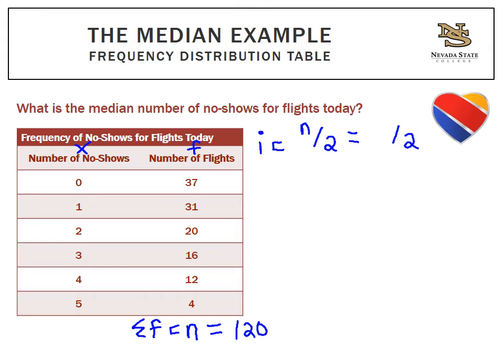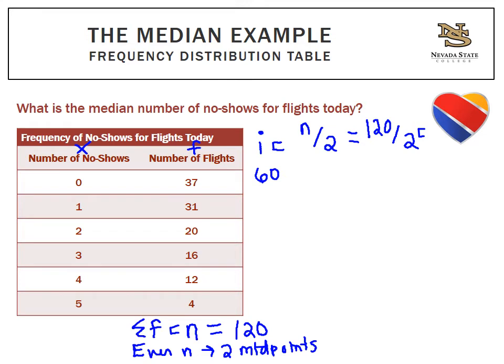So we have a situation where we have an even number of scores. So even n. So that means we're going to have 2 midpoints that we have to find the mean for. So we know that once we find those scores, we're going to be doing some division by 2 to figure it out. All right, here we go. N is 120. And 120 divided by 2 is 60.